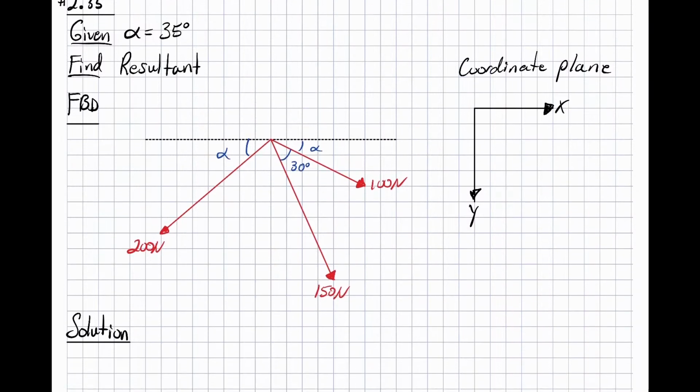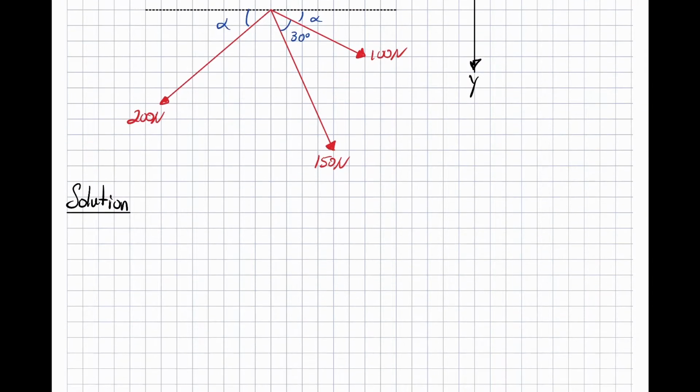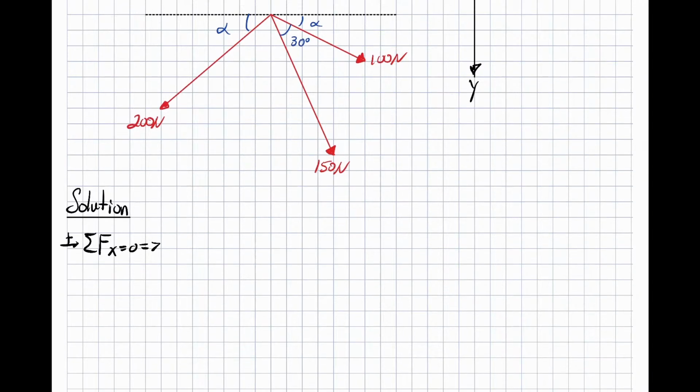To start it off, we're just going to do the sum of forces in the x and y. The sum of the forces in the x direction is equal to 0. I'm going to state that it's positive to the right.